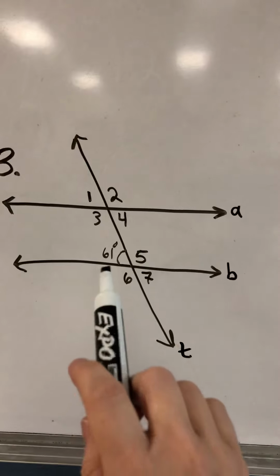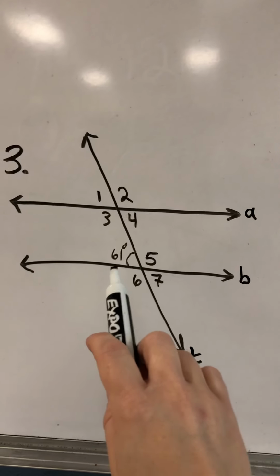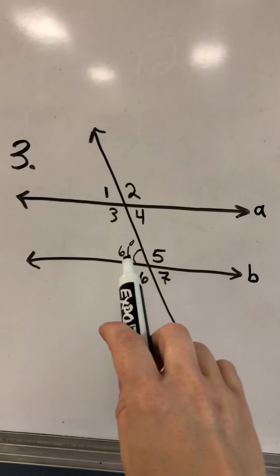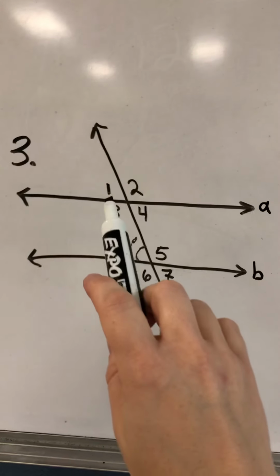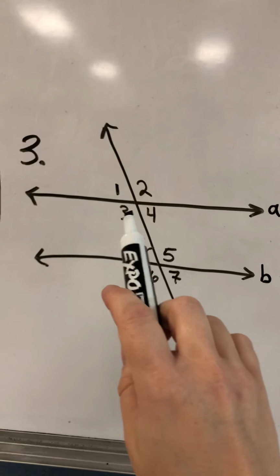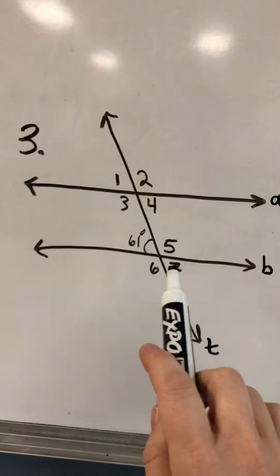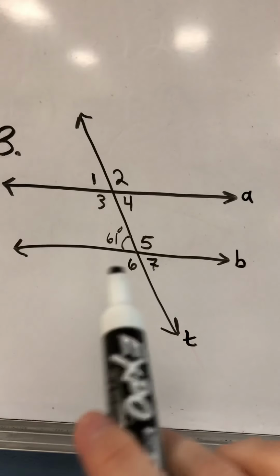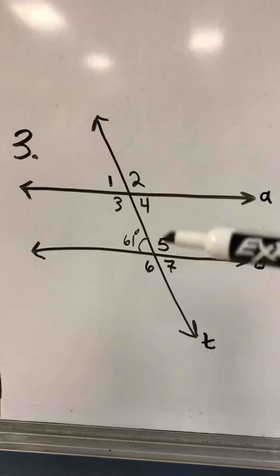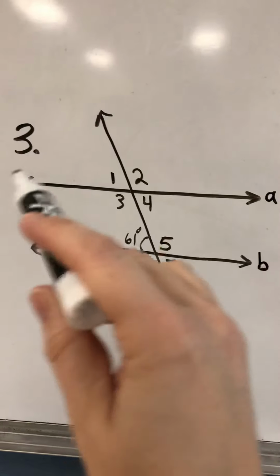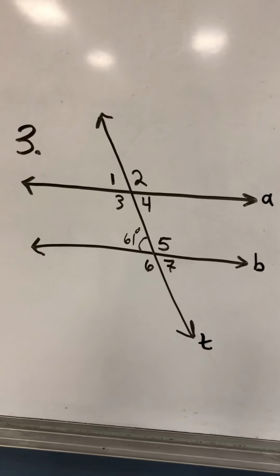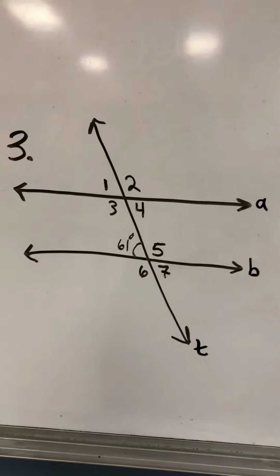I have only given you one angle: this right here is 61 degrees. I want you to solve for angles 1, 2, 3, 4, 5, 6, and 7. If you just remember that the angles are equal in the same places and that a straight line equals 180, you will be able to solve all this.